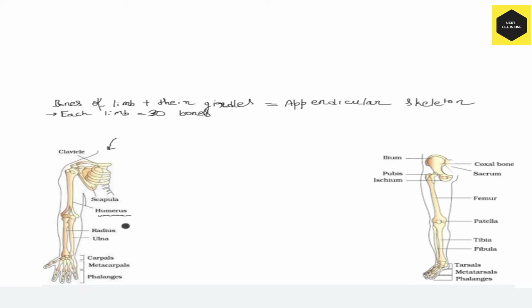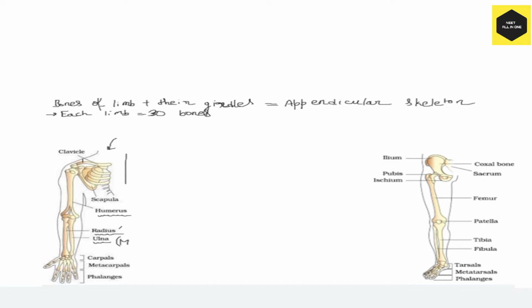humerus, radius, ulna. Okay, before coming to this, let me tell you what is medial and what is lateral. See, anything that is present towards your body, for example this ulna. Imagine this is the human body. So see this ulna. Ulna is present towards your body, so it is present medially.